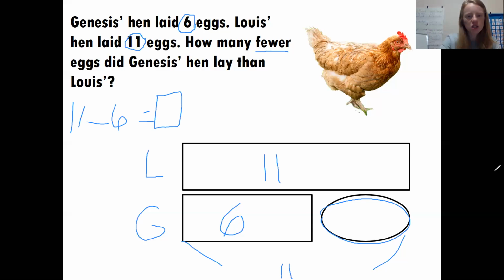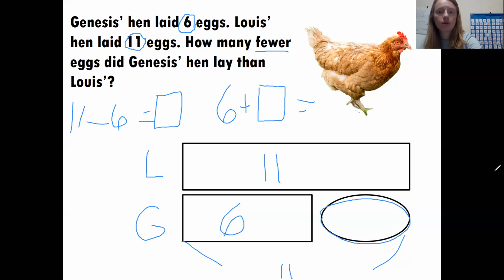But if I'm just looking at Genesis's bar down here, I could also write the addition equation. 6 plus box equals 11. Let me write this a little bit. 6 in my head, 7, 8, 9, 10, 11, 5. Now 11 is bigger than 10, right? So I can also use what I know about making a 10. 6 plus 4 equals 10.